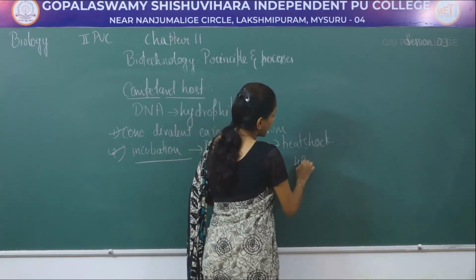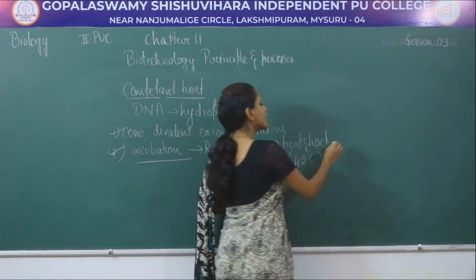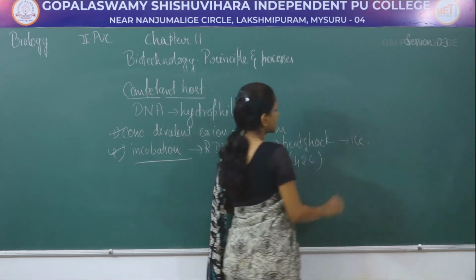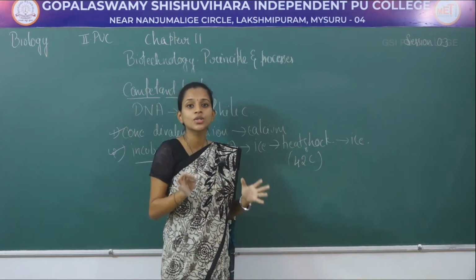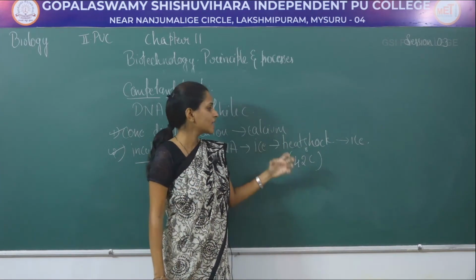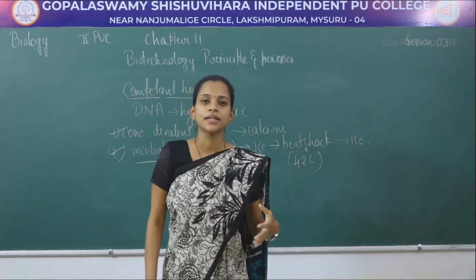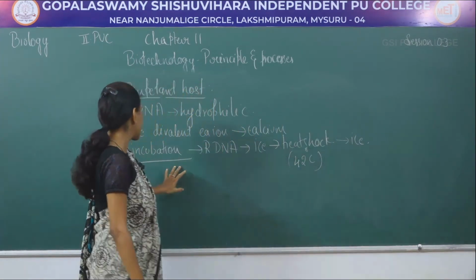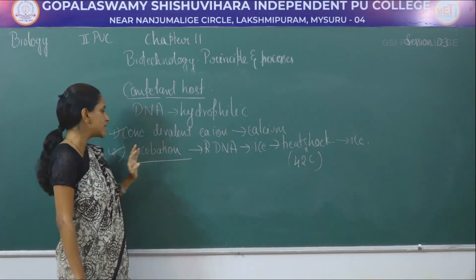This heat shock will be at 42 degrees centigrade, and it is again transferred into ice. This hot-cold alternation increases the efficiency of the bacteria to accept the DNA within it. That is the second method, which is called the incubation method of recombinant DNA.